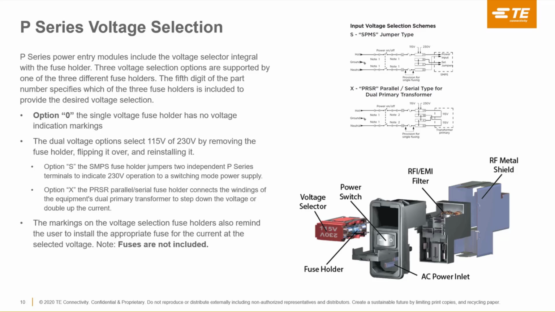I do know I had a customer call on something because as we were trying to find parts during our little pandemic, they were trying to switch this over, but they truly were using it for the PRSR1, the parallel series type, because that's the way their product was designed, and they were changing their power supply.